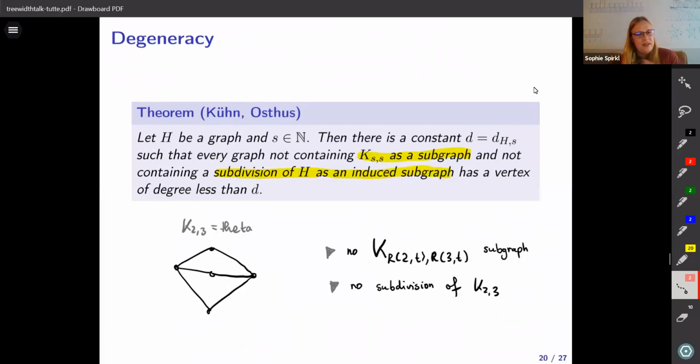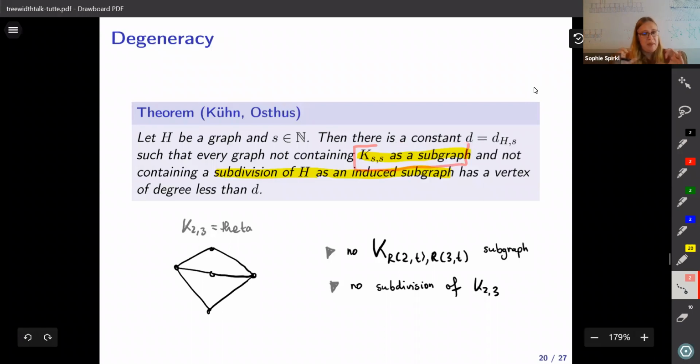Here's something else. This is a theorem of Kühn and Osthus, and it comes up somehow more in the context of chi-boundedness. But what it says is, if you have a graph with large average degree, then you should contain pretty much any graph you want as an induced subdivision. Unless you don't, but the reason why you don't is always the same.